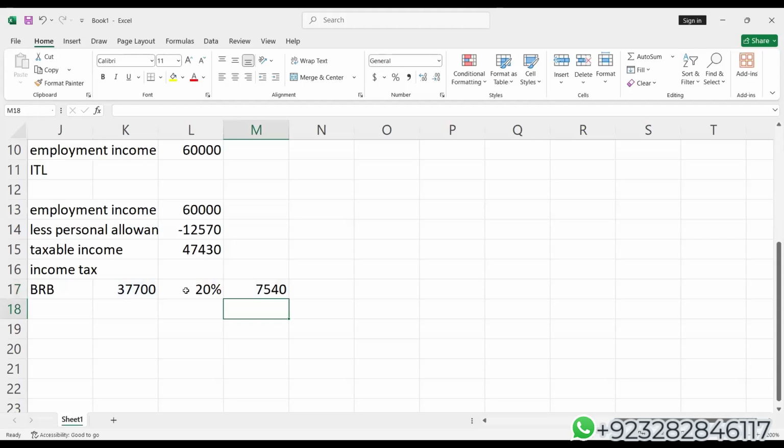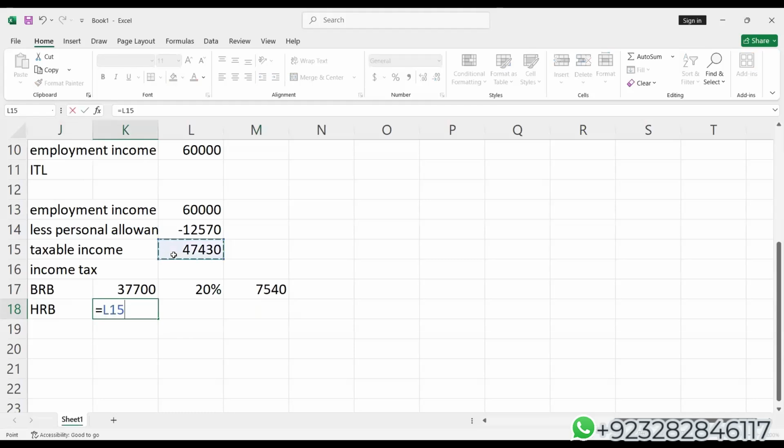Now, the taxable income is 47,430. Obviously, this individual is a high rate taxpayer, but we do not directly apply 40%. First, we have to utilize the basic rate band. After that, we'll go towards the higher rate band. Let's see how much falls in the higher rate band: 47,430 minus the basic rate band limit.